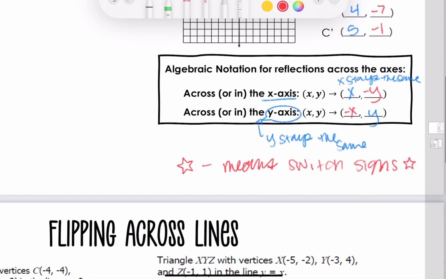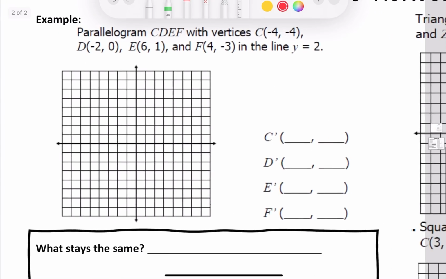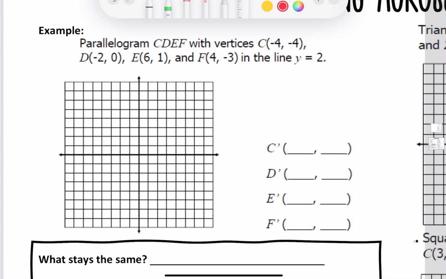All right, so now let's flip across some other lines. Here is our first example. We've got parallelogram CDEF with these points here, and it's on the line y equals 2. So we know it's a horizontal line. Now we're used to doing it with the x-axis.